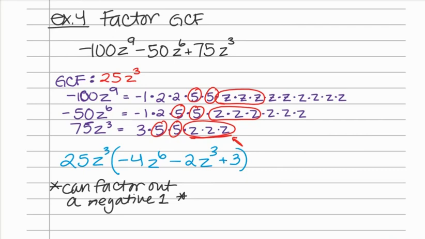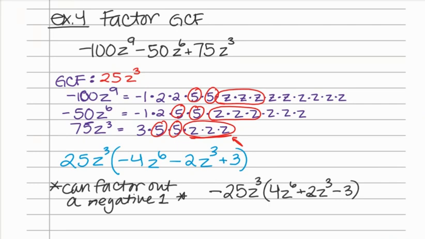So if I divide a -1 from each of my terms inside, what's going to happen is my 25Z becomes -25Z to the third. -4Z to the sixth here becomes +4Z to the sixth. -2Z to the third becomes +2Z to the third. And +3 becomes -3. That will come in handy from time to time strategic wise, just so you know.